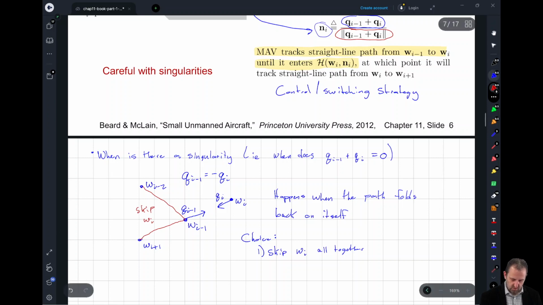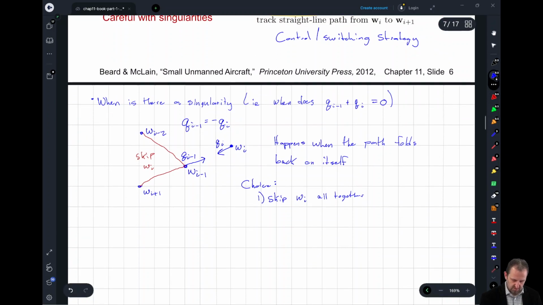Our second choice, right? Second one is we could visit wi before going to wi plus 1.